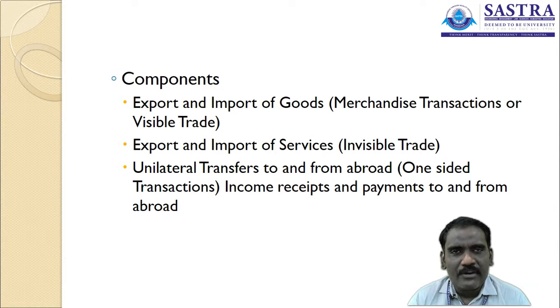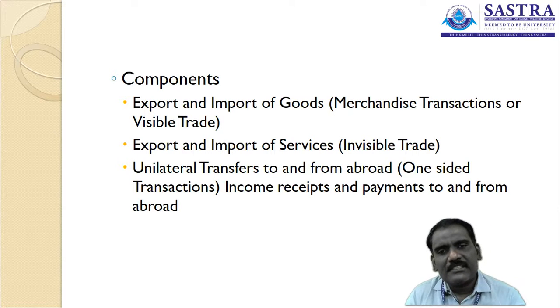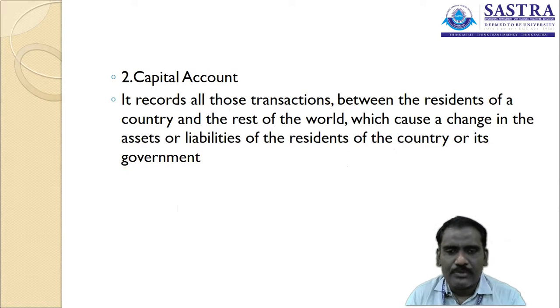The first component of current account is the balance of trade. The second one, the export and import of services, is invisible trade. And the unilateral transfer, one-sided transactions, and income receipts and payments to and from abroad are together included in the current account.